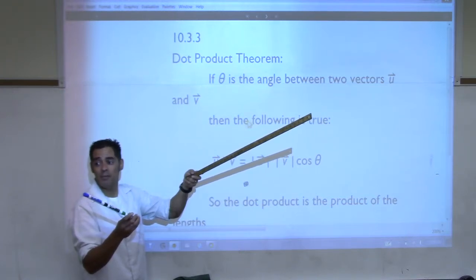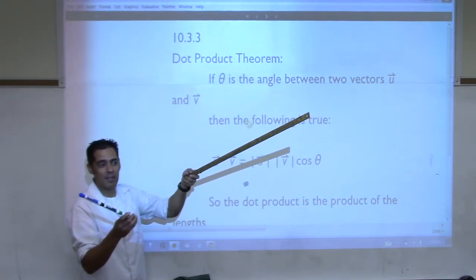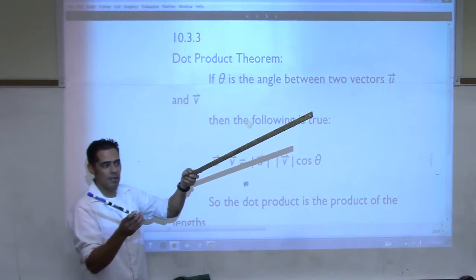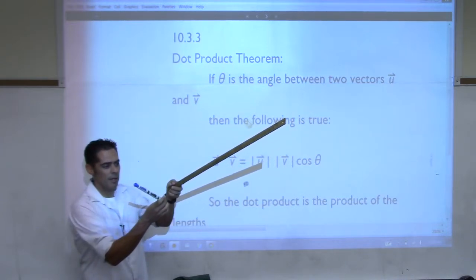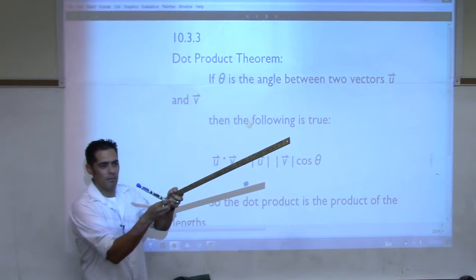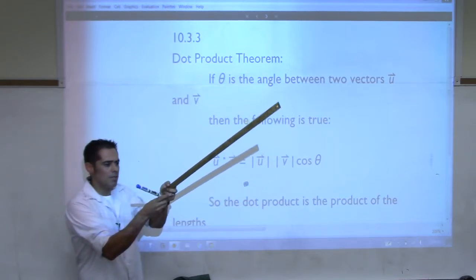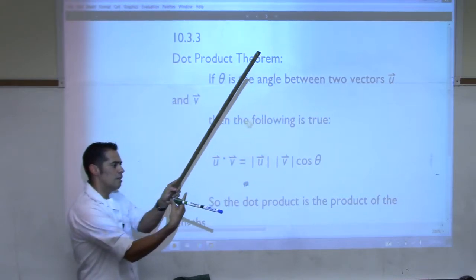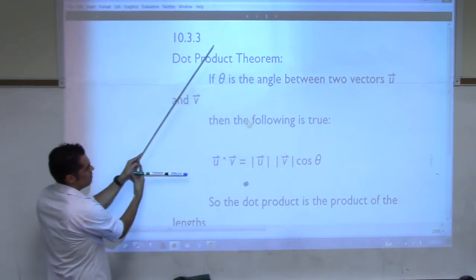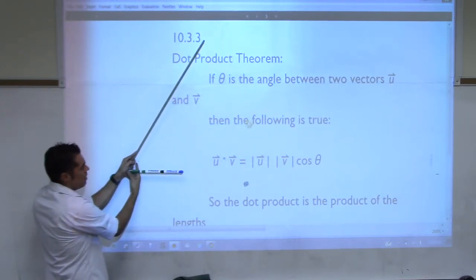What's the angle between them? I was hoping you would ask that, because I'm about to move them. I'm going to move them right here. There they are. Now I'm going to rotate it just so everyone can see it. See that triangle? I'm talking about that angle, right in here. Understand?